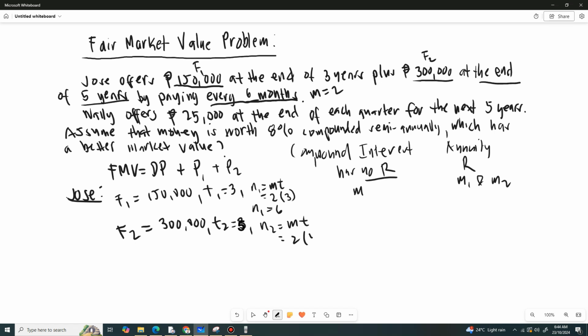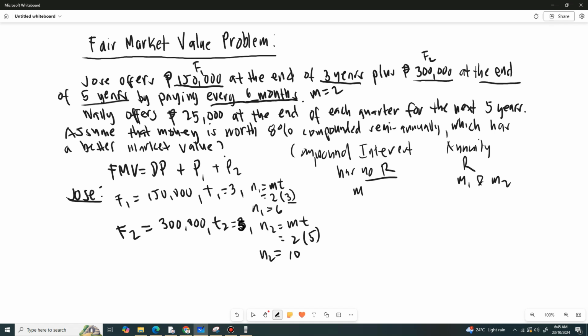So this is 5. By the way, yung sa 150,000 at the end of 3 years, kaya siya 3. Okay, so sa ating N2, at the end of 5 years, kaya yung T natin times 5. So 2 times 5, N2 is 10.